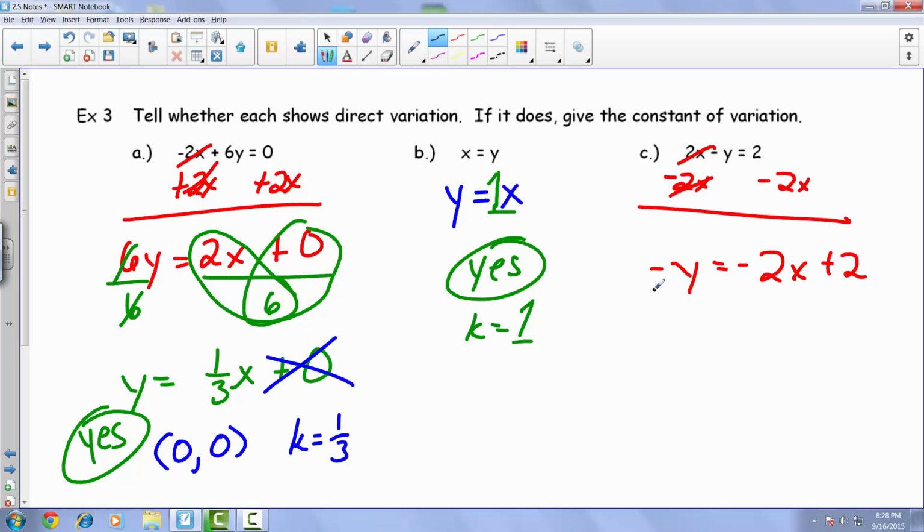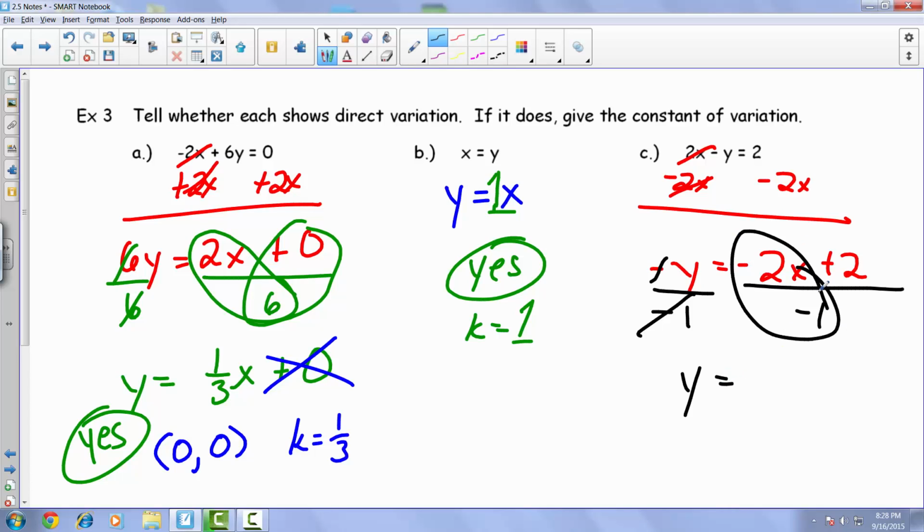Next, we're going to go ahead and divide both sides by negative 1. Because we have negative y and we want positive y, we have to divide both sides by negative 1. Negative divided by negative gives us our positive, leaving us with just y is equal to, looks like negative 2 divided by negative 1 is positive 2x.